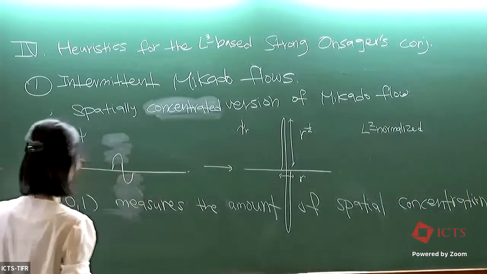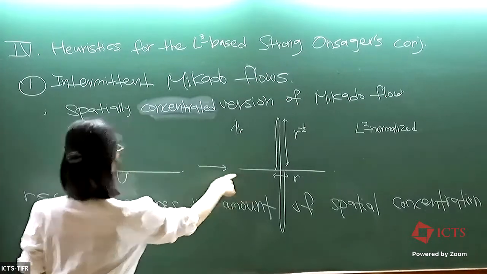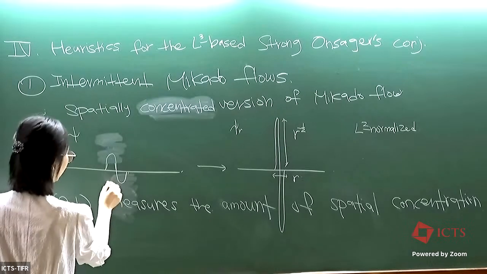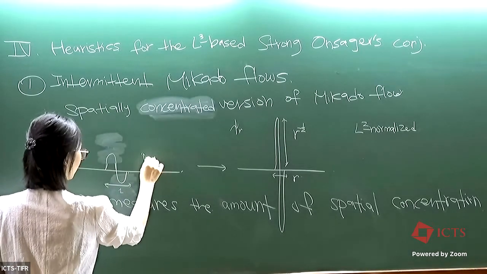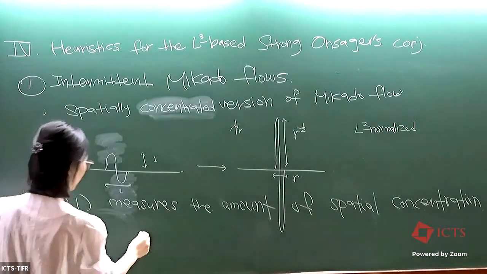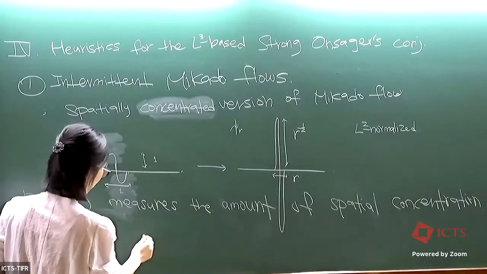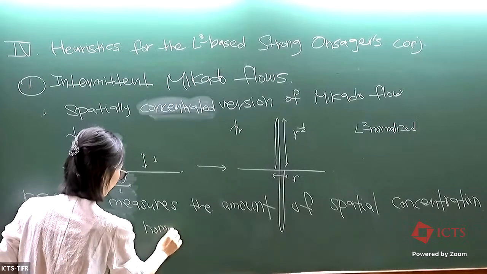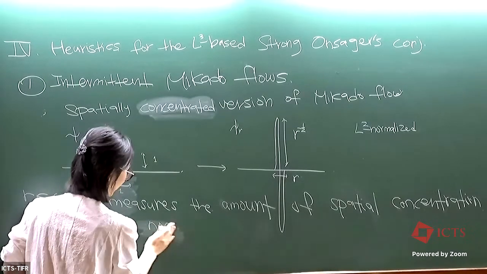In particular, if you send R to 1, then it goes back to the original Mikado. So here, you just imagine the scale is 1. Right? So when R goes to 1, it goes back to the original one, which is like, so I just use, okay, maybe it's better to use a less intermittent.